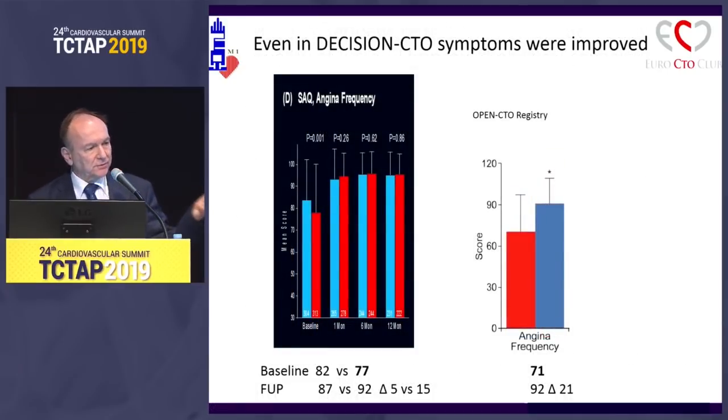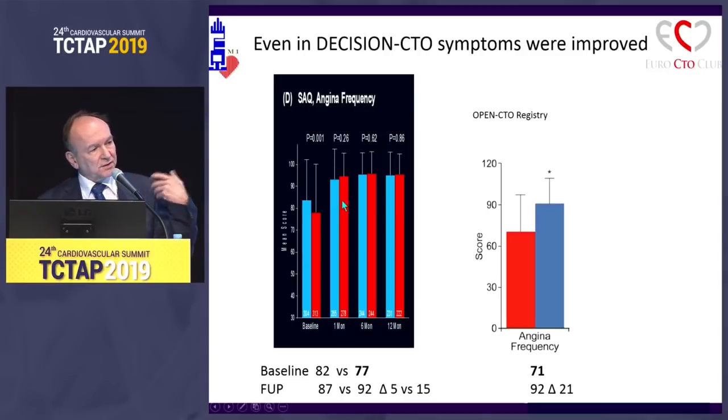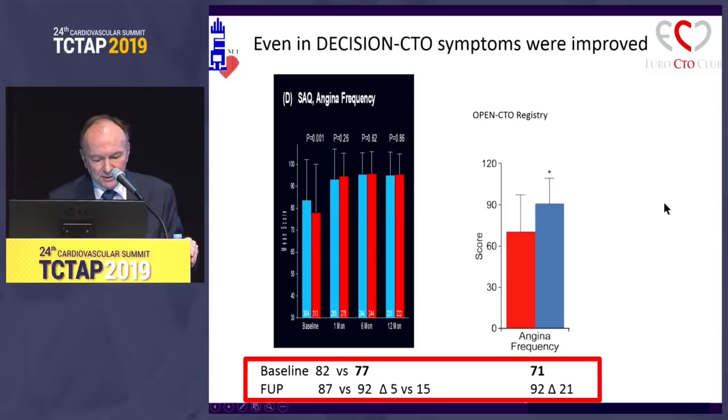And actually also the Decision CTO trial showed an improvement like the open CTO registry. The only thing in the Decision CTO trial is that there was a considerable improvement in the OMT arm, but we all know that the OMT patients got a lot of non-CTO PCI. That was one of the drivers that also the improvement of symptoms was visible there.